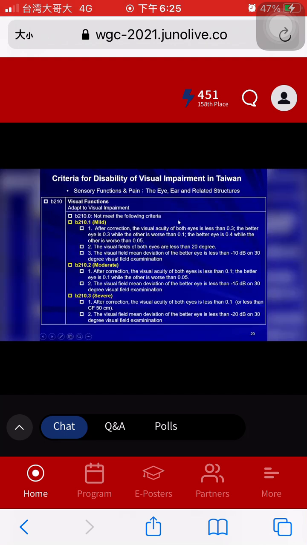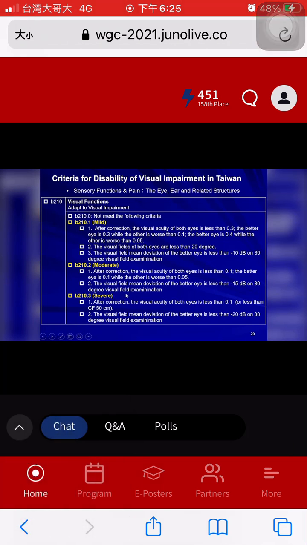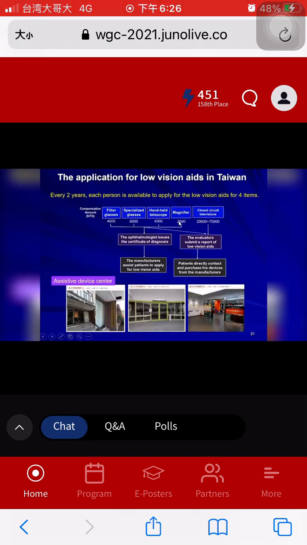This is the criteria for disability of visual impairment in Taiwan. By definition, once a patient's visual acuity or visual field fulfills the criteria, they can have the certificate for disability and apply for the subsidy. In Taiwan, there is a subsidy for low vision aids for certified disabled patients.